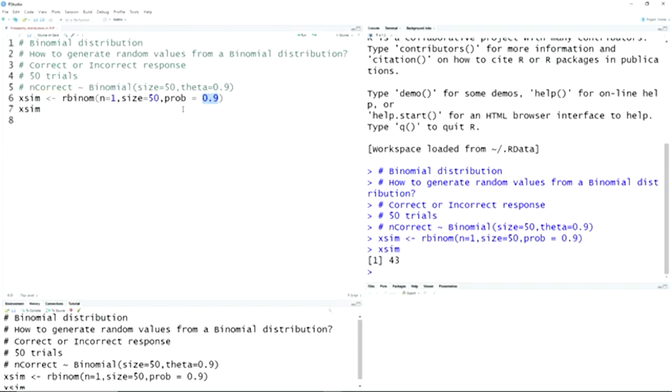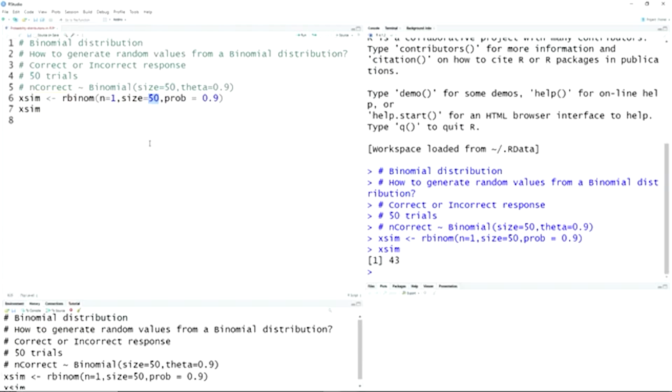Why? The reason lies in the fact that this is a generative process. What does that mean? This is a probability assigner function. So even when you know that the true probability of correct response is 0.9, so basically you know theta, theta is 0.9, number of trials n is 50, even then the probabilities assigned to different possible outcomes form a distribution.